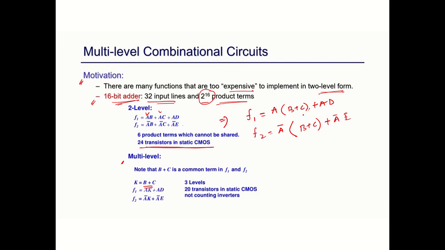So from here what we have observed is that if we realize somehow b plus c, then b plus c is exactly a particular stage which is common between these two functions. So this b plus c can be utilized for the function f1 and for the function f2.